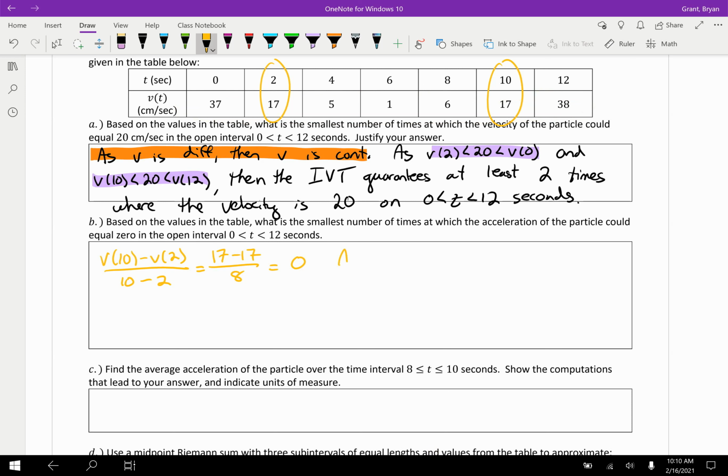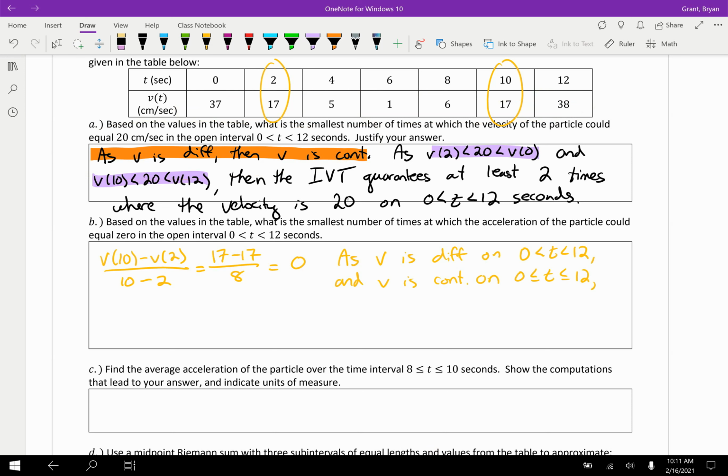Okay, as v is differentiable on 0 less than t less than 12, and v is continuous on 0 less than or equal to t less than or equal to 12. How do we know that? Well, we already said as v is differentiable, then v is continuous. You have to explain that.